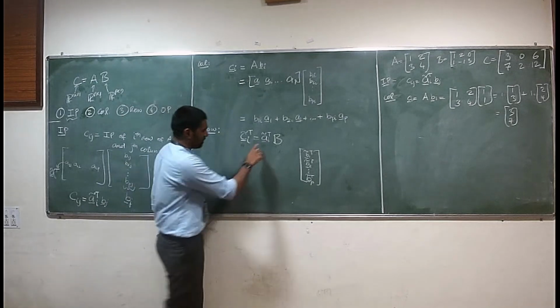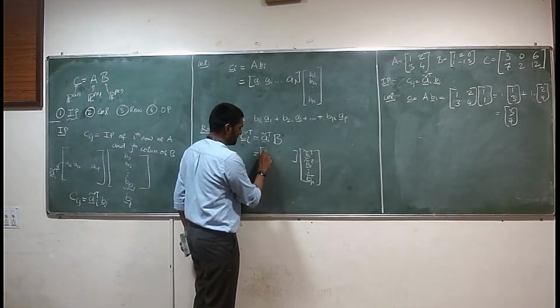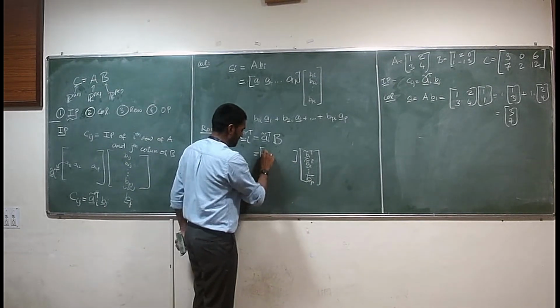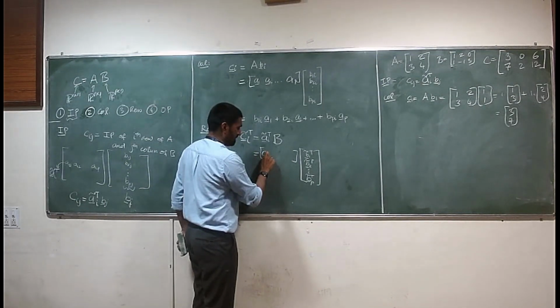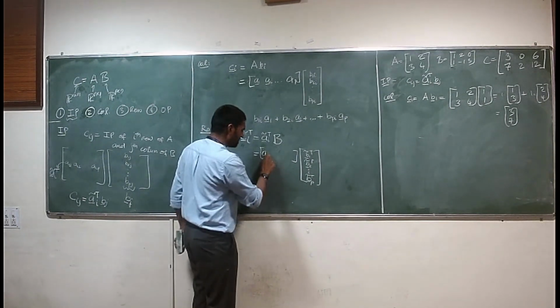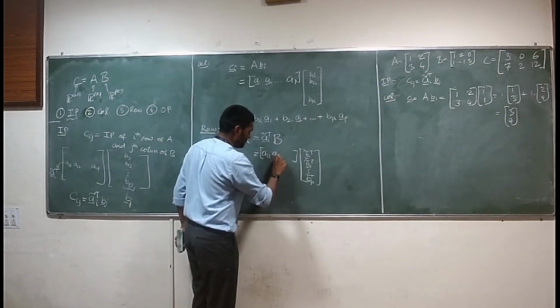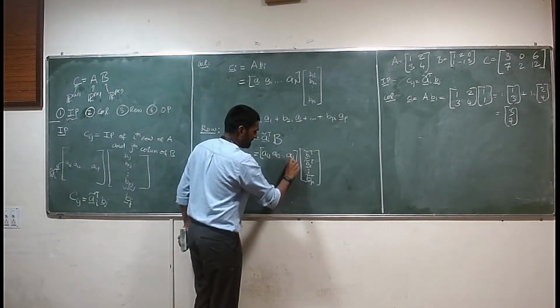What about the ith row? What will this be? AI1 or A1I? It's AI1, because it's the ith row, so the first index is I. AI1, AI2, AI3.